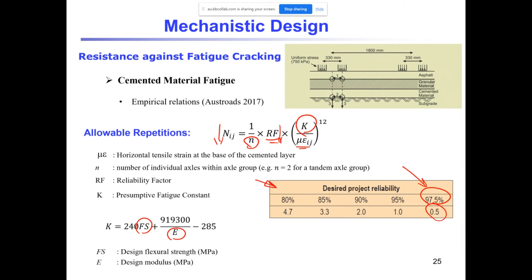Also, there is one maximum value for this K. There is a cap for this value, so you cannot increase this value beyond K max. And again, there is one empirical equation for that one, and it has an inverse relation with the square root of Young modulus.